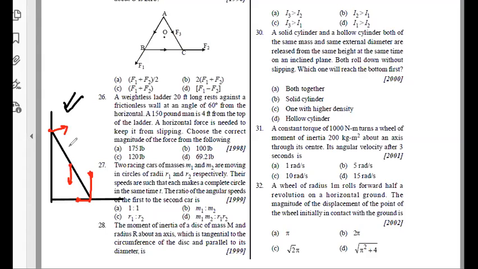Now if you see this, this and this are normal. We did this: take this as N1, this as N2, this weight is mg, and this is the friction force, right? Got it? What is the meaning of LB?